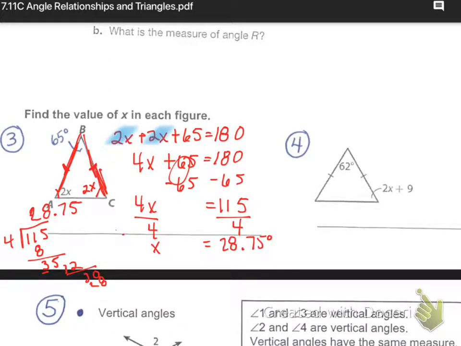And we want to check and make sure that that is correct. So I want to check up here.